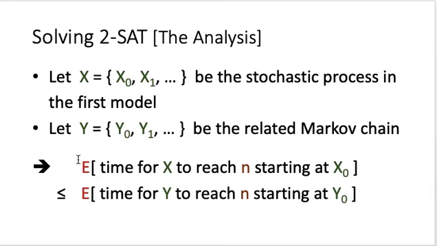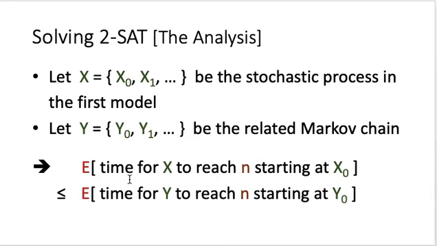So the expected number of steps for the first stochastic process X to reach n starting at X0 is less than or equal to the expected time for Y to reach n starting at Y0, where we assume that X0 and Y0 correspond to the same initial assignment.